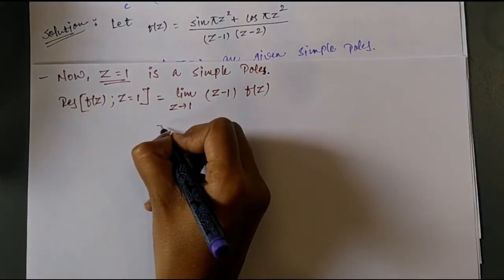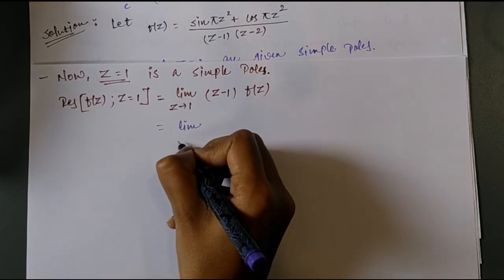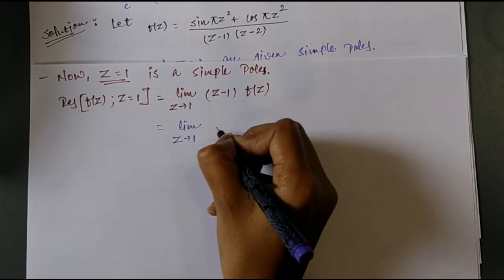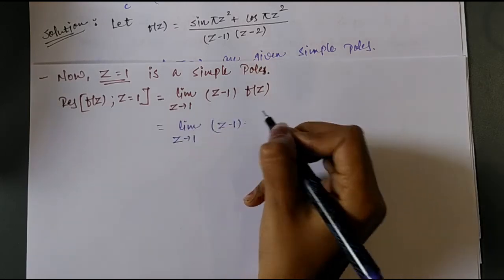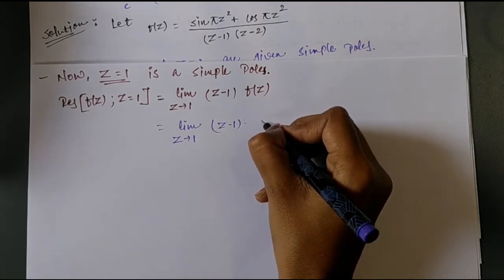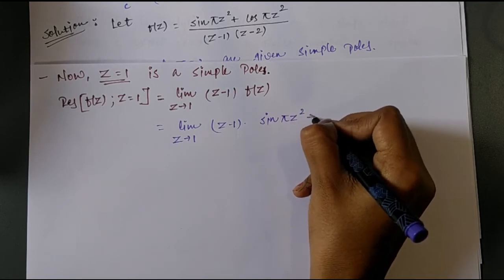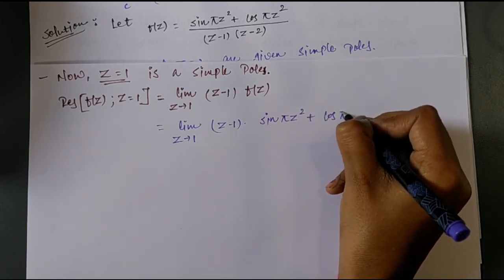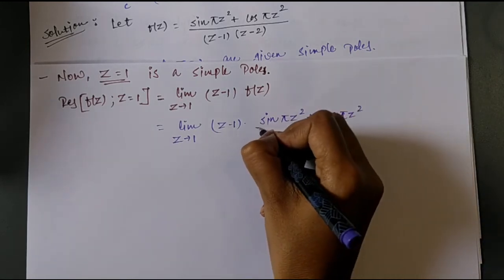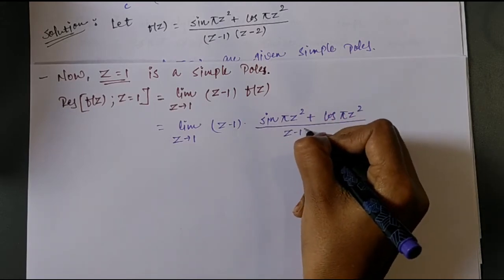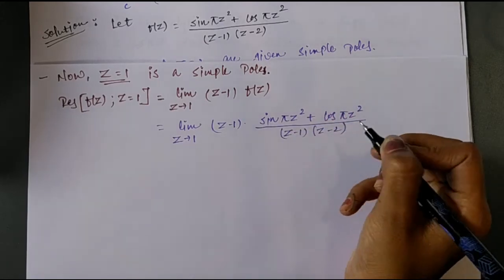So now putting its value, limit z tends to 1, z minus 1 into f of z. Here you have to write its f of z. It will be sine pi z square plus cos pi z square upon z minus 1 into z minus 2.